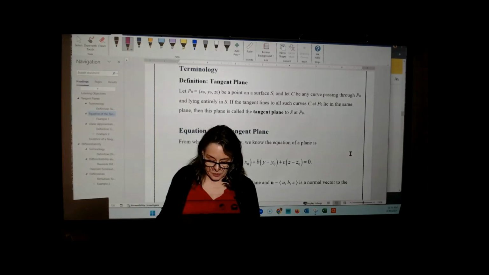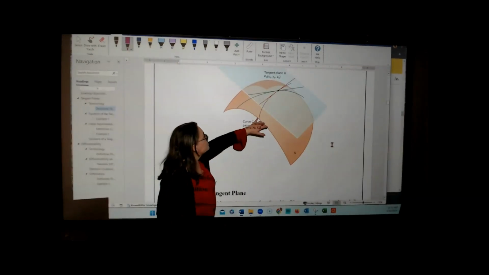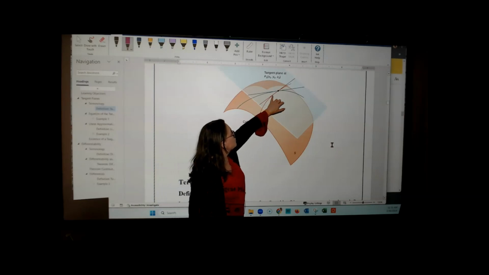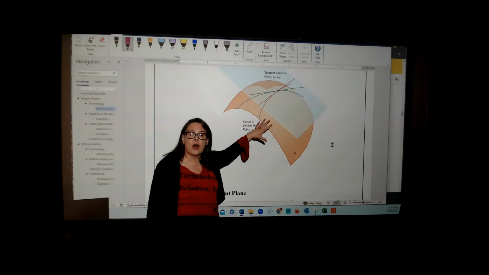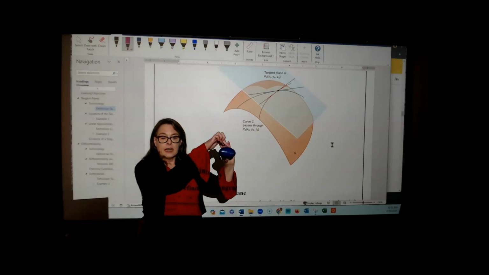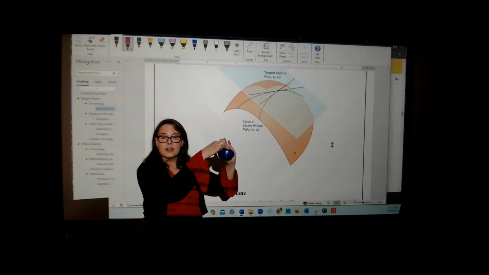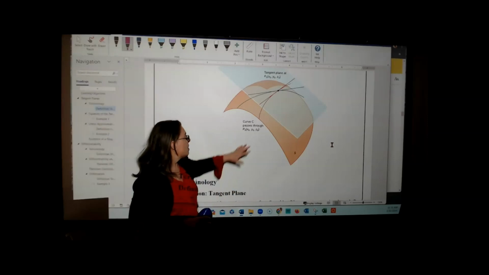So going back to our picture up here, the curve C is sort of shown here in a darker red color. It is within the surface. It's on the surface. So if we have an ellipsoid, it's on the surface of the ellipsoid. It's not a tangent line. It's a curve that lies on the surface but goes through our point P naught.